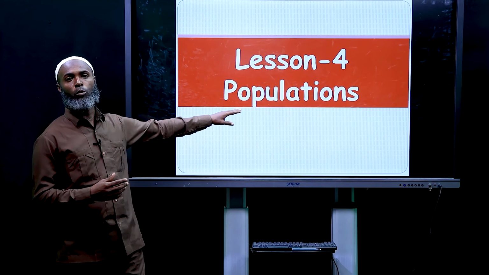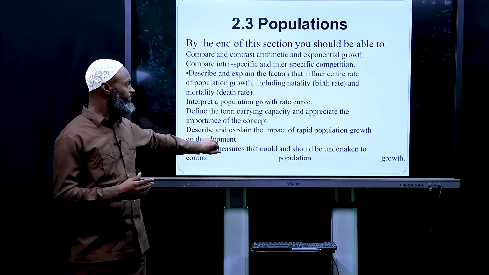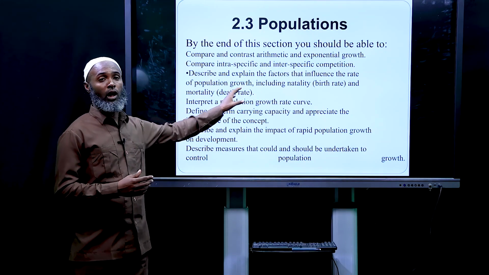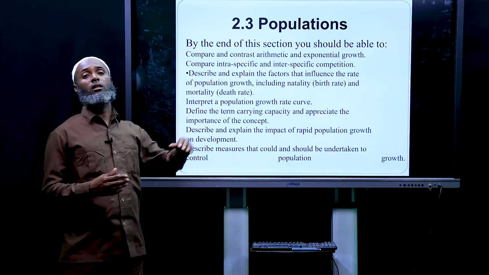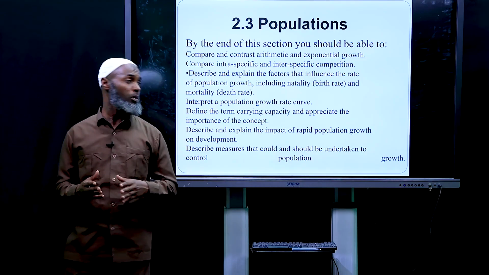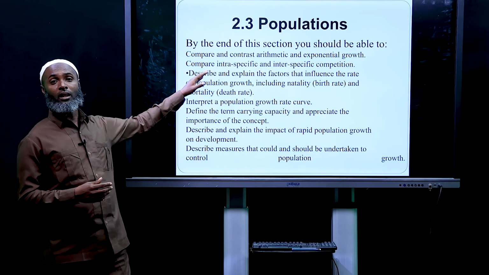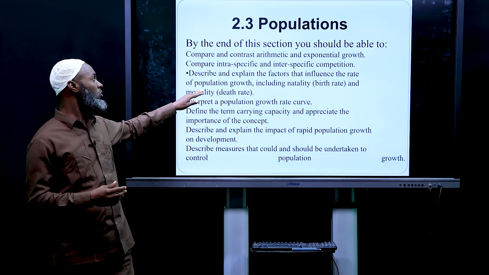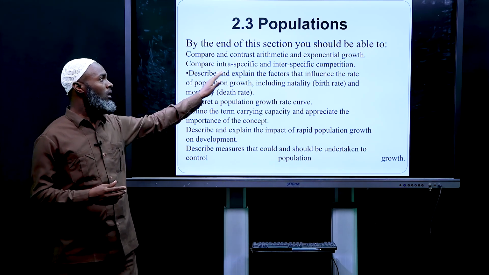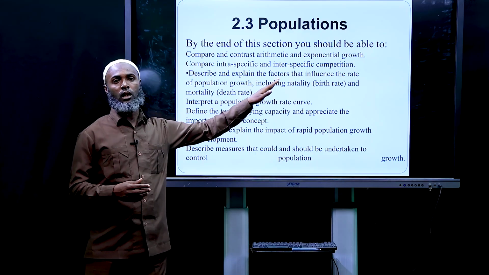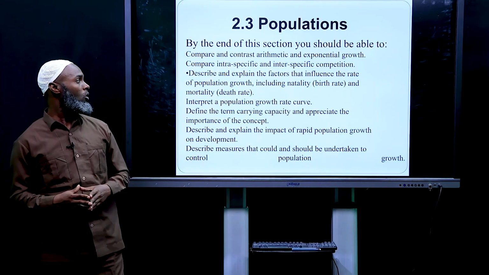Today we are going to see populations. This subtopic has its own objectives and competencies. At the end of this section, you will be able to compare and contrast arithmetic and exponential population growth.